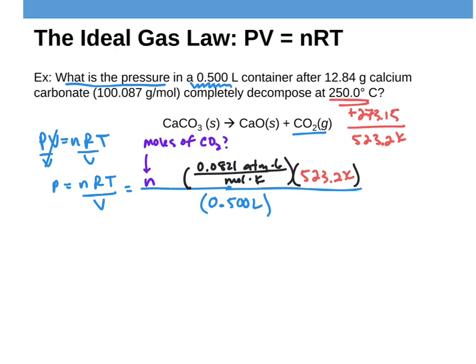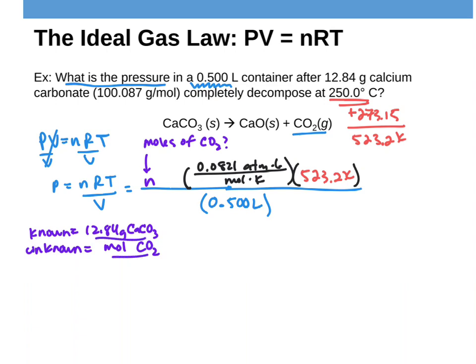I want to know the moles of CO2. I don't know the moles of CO2. What is known, and here comes my stoichiometry, is that I have 12.84 grams of calcium carbonate. What's unknown, what I want to know, is how many moles of CO2 there are.